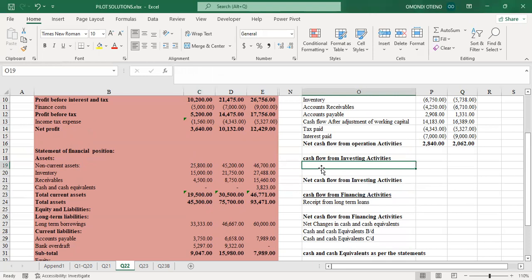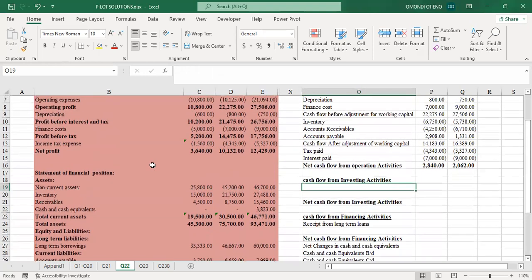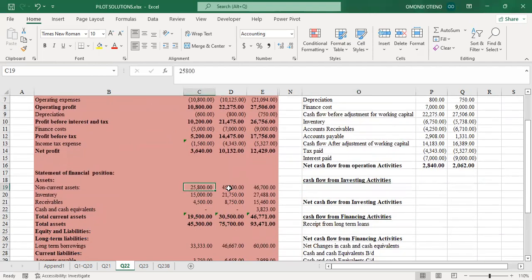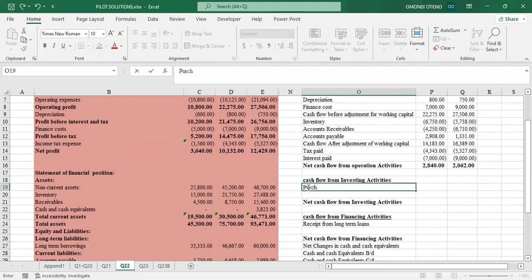So let's come here and see if there was purchase of PPE. We've not seen anything mentioning gain on disposal or loss on disposal. So there was no disposal. And then these changes might have been as a result of purchases of PPE. So let's now have our purchases of non-current assets.